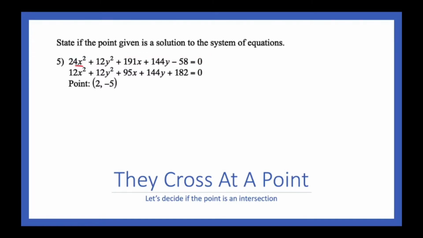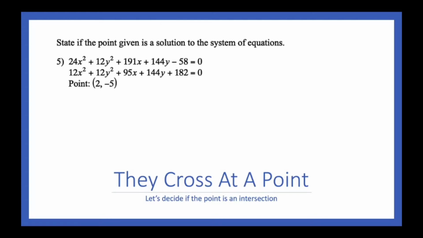If I did the same thing on this conic section or this equation, and the x and the y satisfied that equation and equaled 0 after I was done, I would know that this point is the intersection of those two equations. So let's do that together.